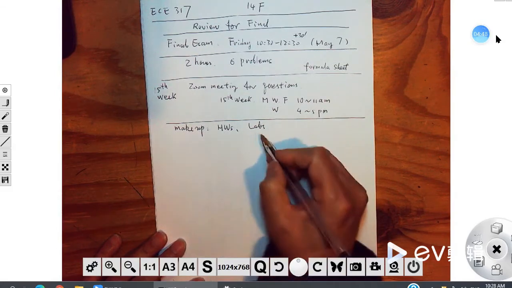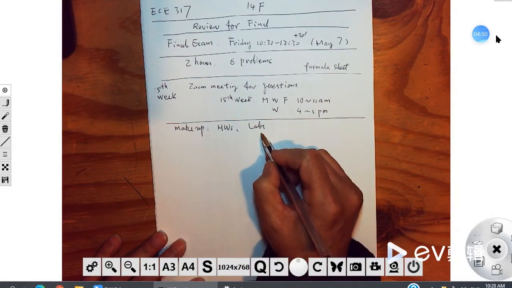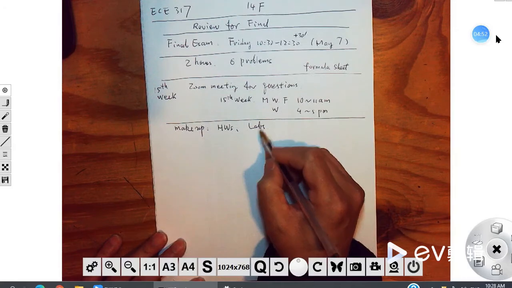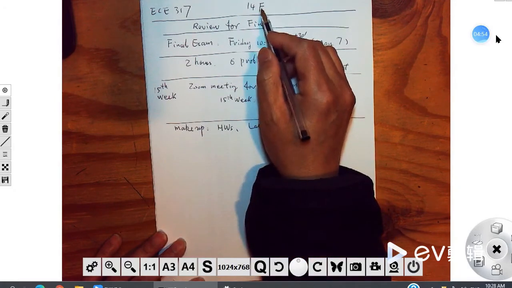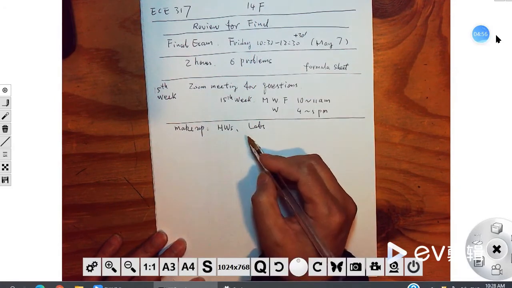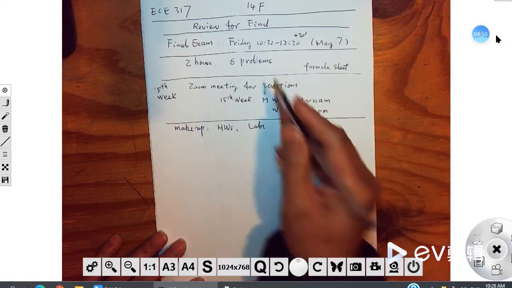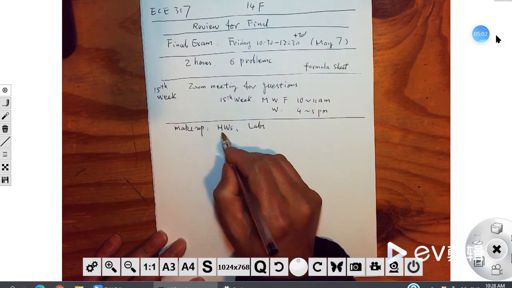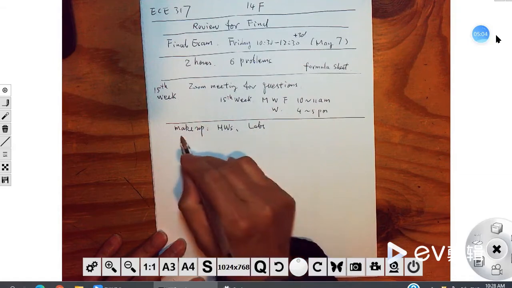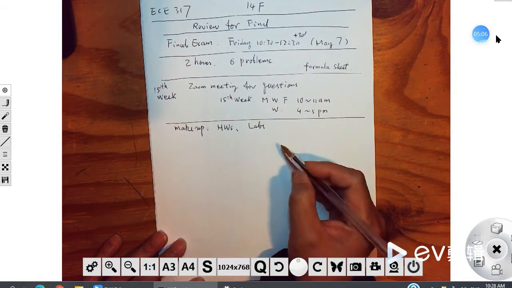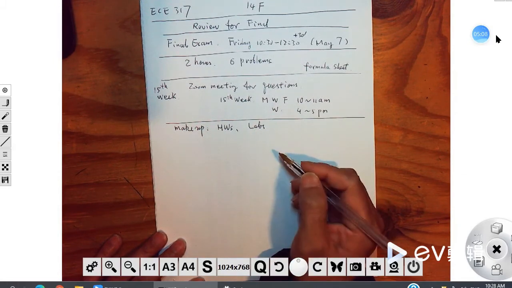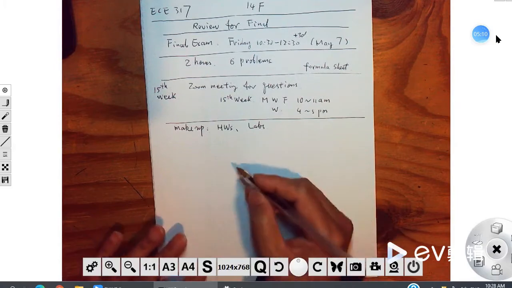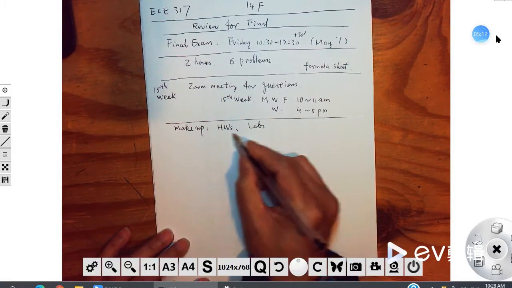The labs are already posted, I think. You should know the rule about the homework and labs makeups, how many points you can have. You will lose some points, but you still can have most of the points on those.